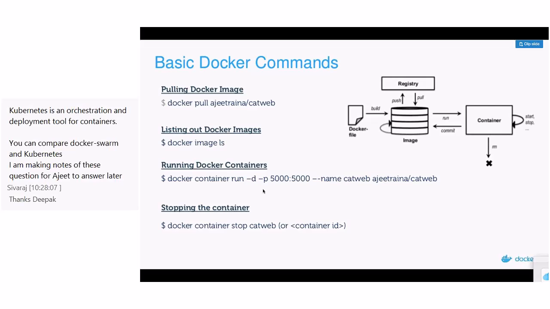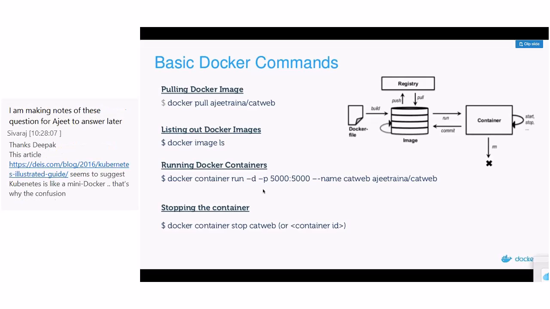If you compare it to a VM, you usually run a service and that service is opened in terms of ports. So -p denotes the port mapping: the first 5000 denotes the host machine port, which is mapped to your container instance. After running this command, you should be able to get this application running at port 5000.